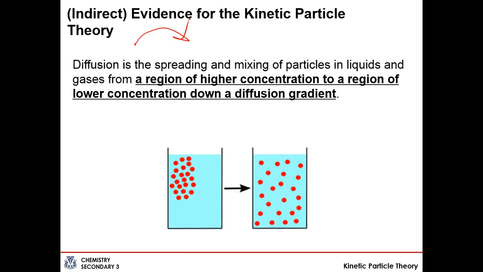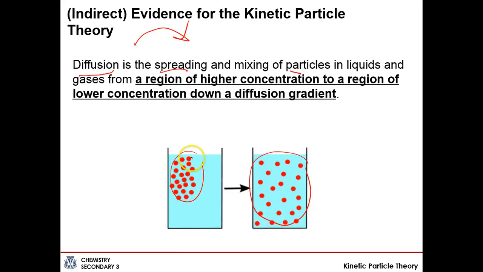This movement from the front of the room, where you open your fragrant bowl of noodles, to the back of the room where there's no bowl of noodles, is called diffusion, and it gives us indirect evidence that particles actually exist. More specifically, diffusion means that the particles move from a region of higher concentration to a region of lower concentration, down a diffusion gradient.